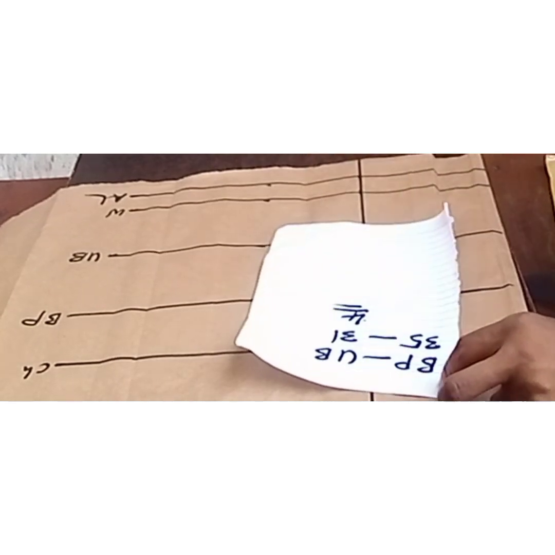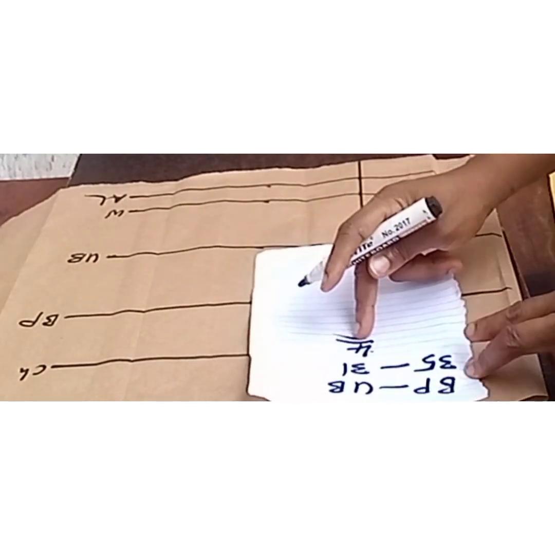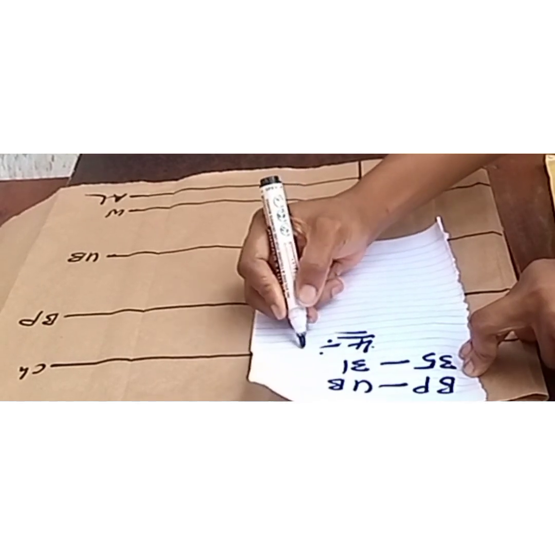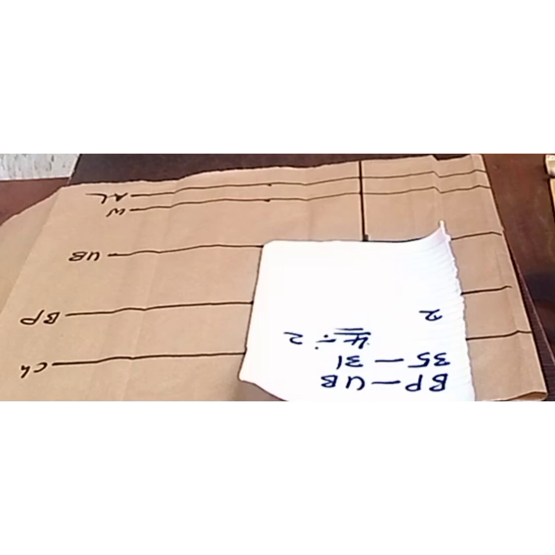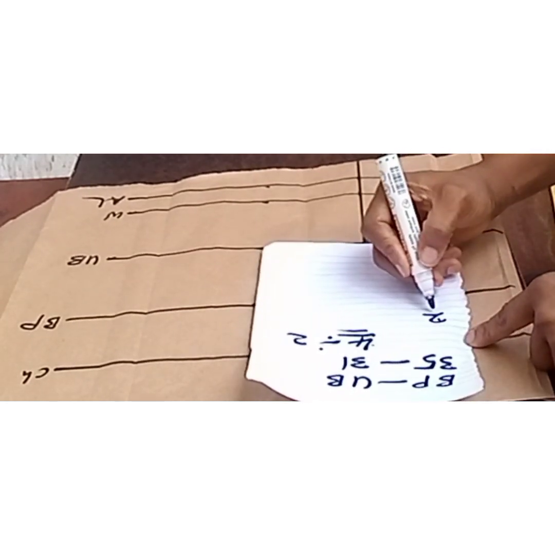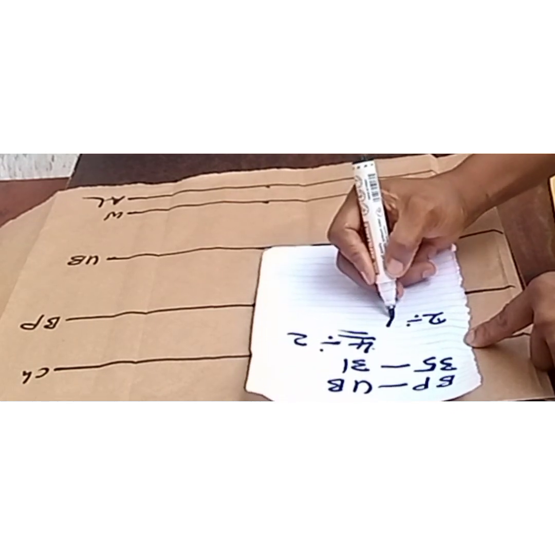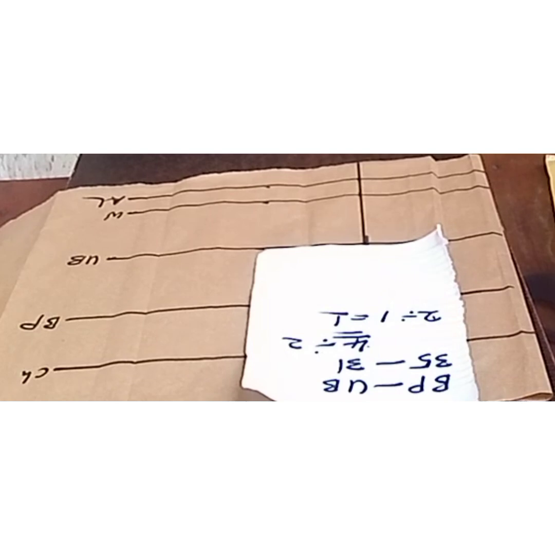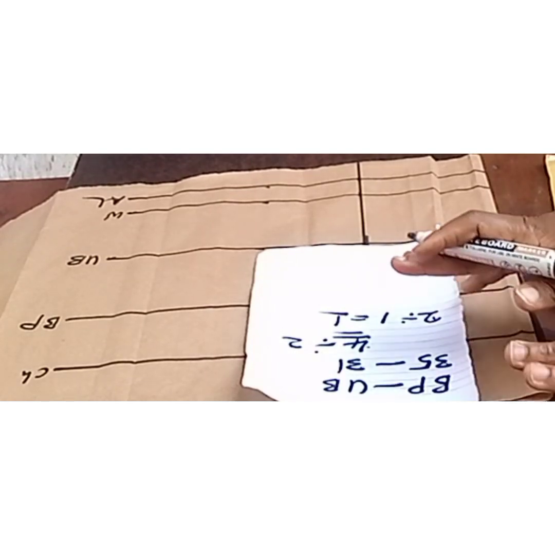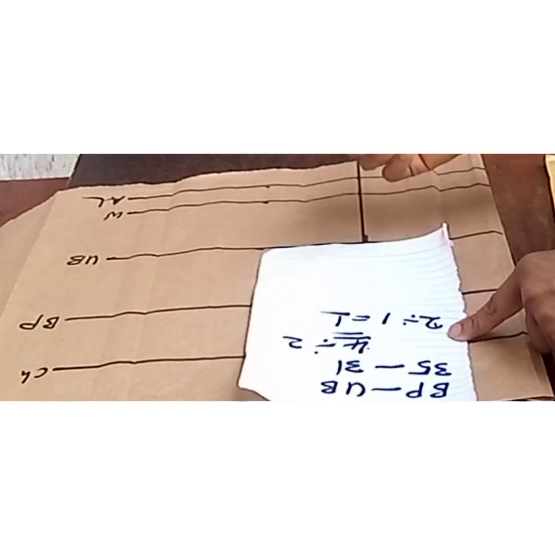Then you divide this 4 inches by 2, which will give me 2. Then you also divide these 2 inches by 2, which will give me 1. So 2 divided by 2 will give me 1. Ignore that one I wrote there.